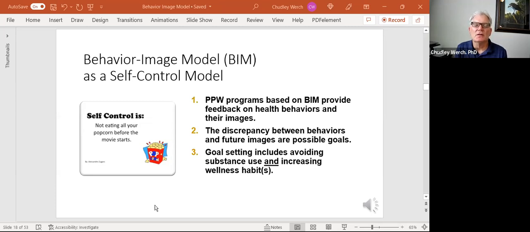And so setting a goal to increase physical activity a little bit could actually improve how I look and feel, and that's an important value for me. That's how the behavior image model links images to goal setting. Goal setting includes avoiding substance use and increasing wellness habits. So it's a dualistic approach, rather than just focusing on a single behavior.